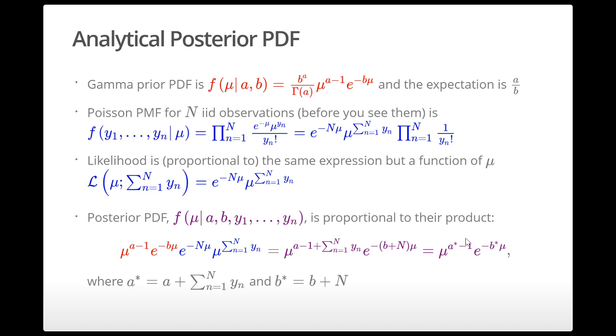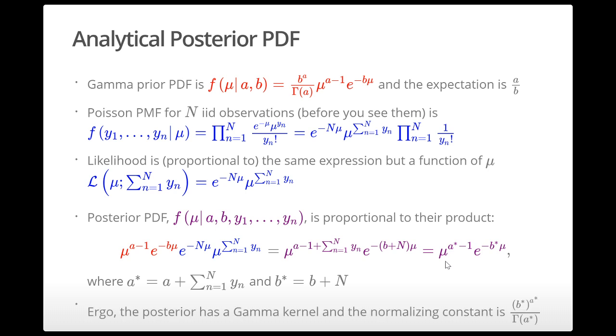So now we have an expression that the posterior PDF is proportional to, which has the same kernel as our gamma prior. Therefore, the normalizing constant that makes it integrate to 1 is just going to be the same as the normalizing constant there, but evaluated at a star and b star rather than a and b.